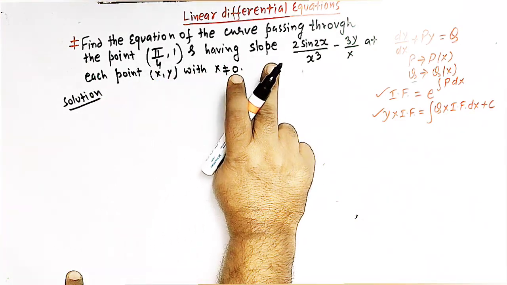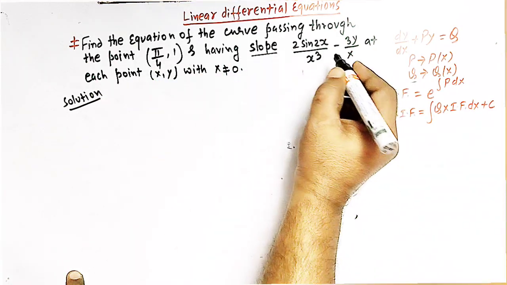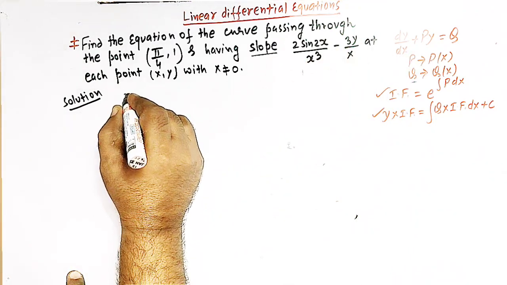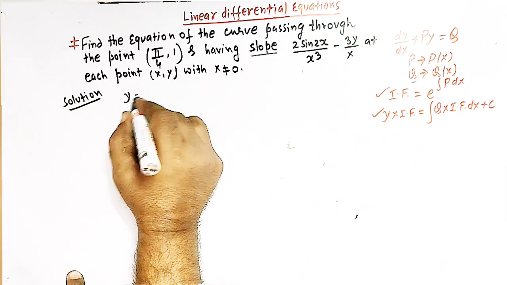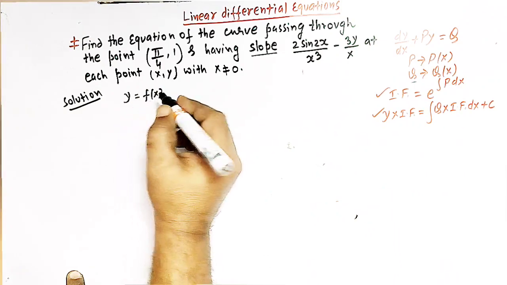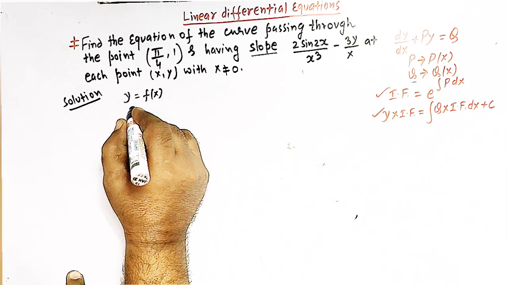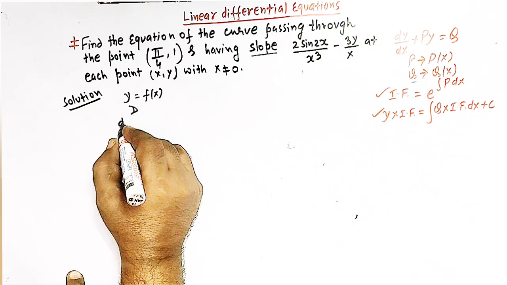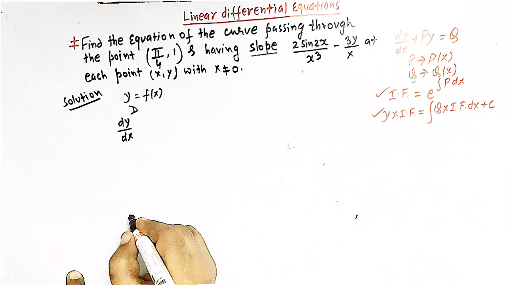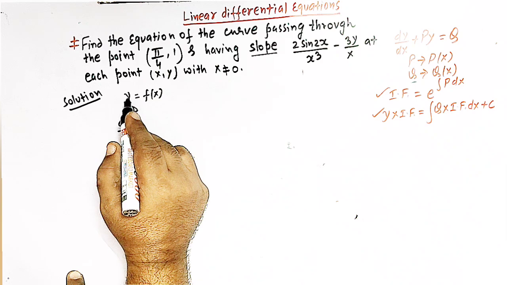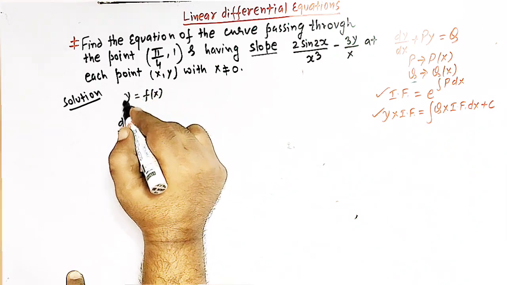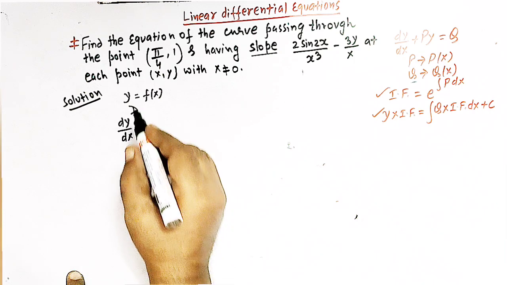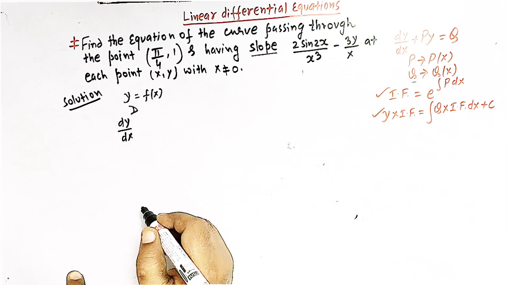So now in this problem we are given that the slope is given by this expression, right? And from calculus we know that if we have a function or a curve, say y is equal to f of x, which is defined in some domain say D, then the slope of the tangent is given by dy over dx, right? So the derivative of y with respect to x at each point of the domain D gives us the slope of the tangent to the curve at that particular point.